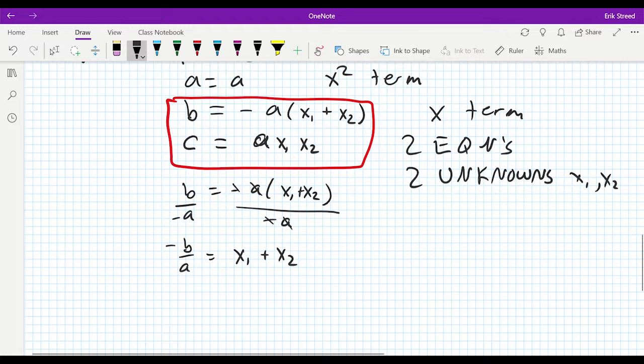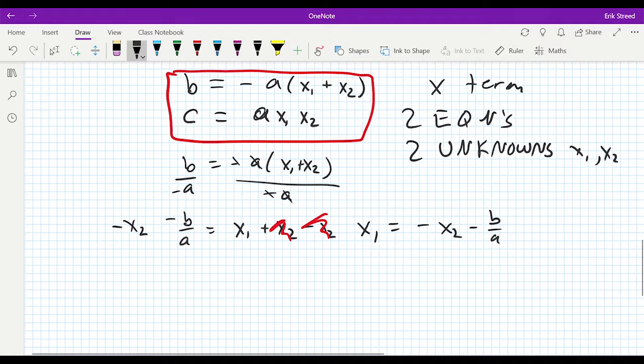So we can see that x1 is equal to negative x2 minus b over a. So I'm just subtracting x2 from both sides. And then the x2 will cancel out over here and cancel out over here. And that's what we've got. So that's fantastic. We've identified one of the variables.